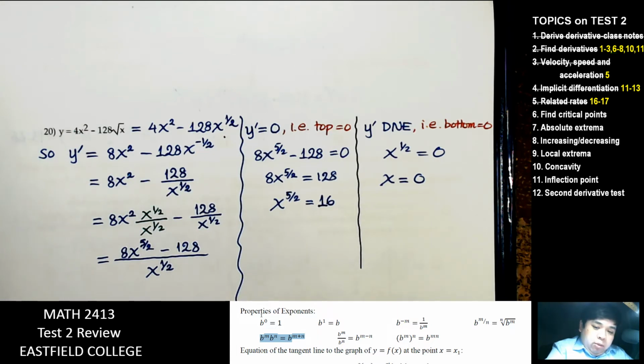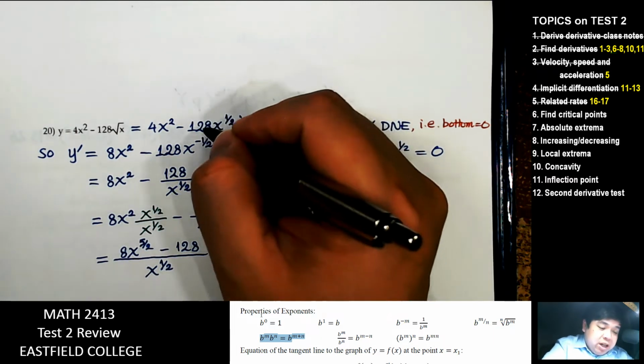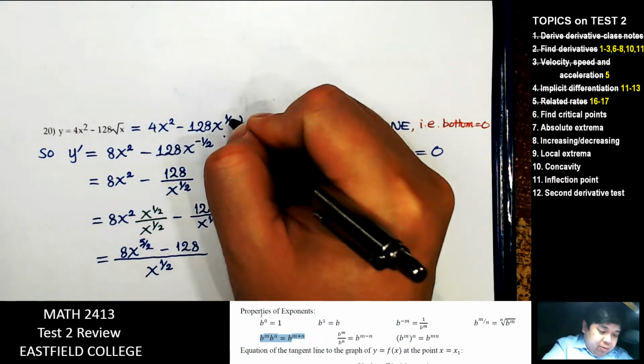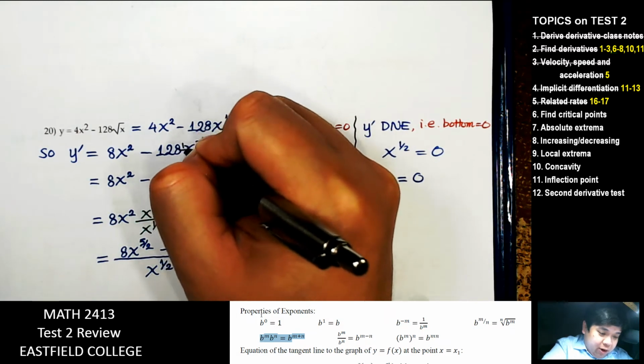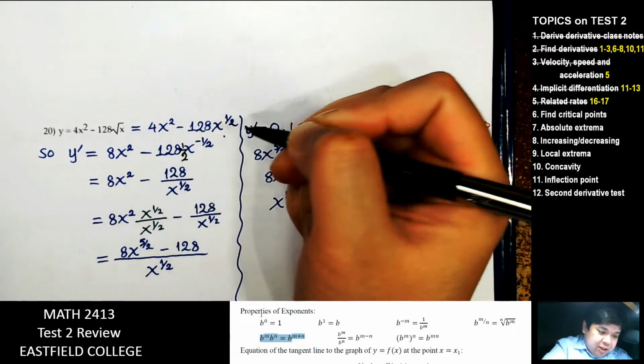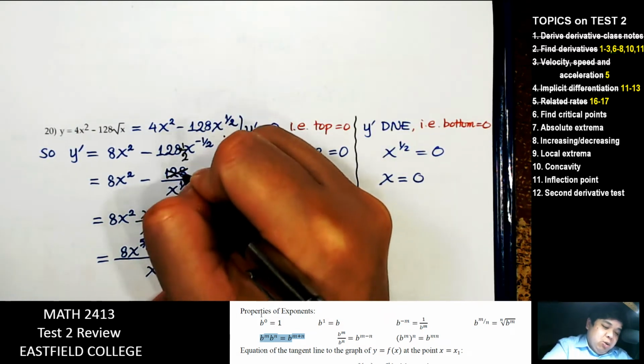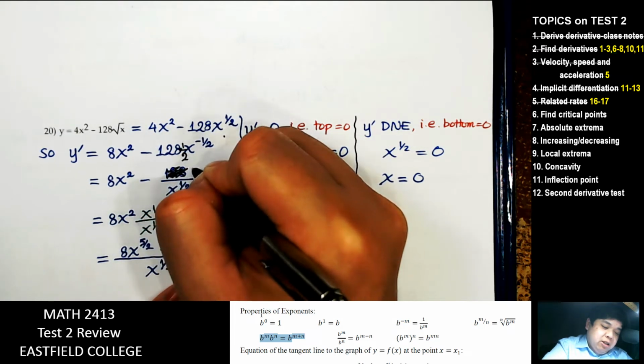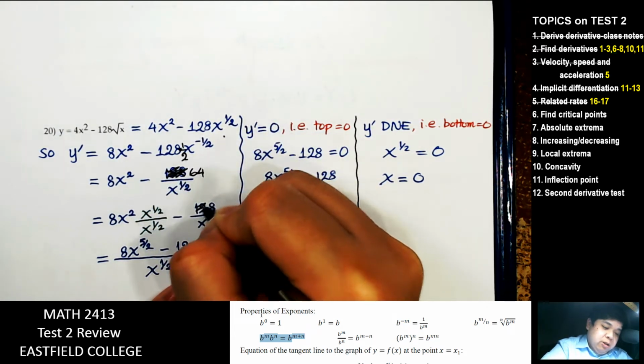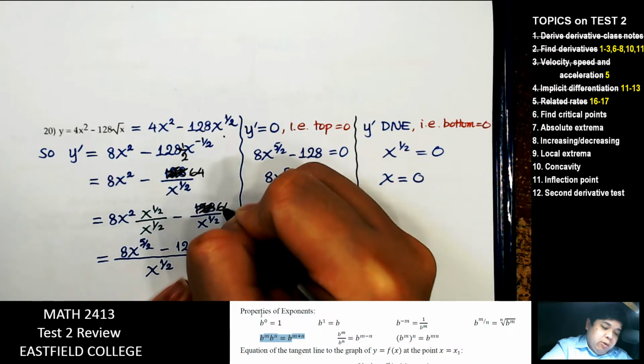I forgot one important thing. Now when we take the derivative here, the 1/2 goes down, and I forgot that. So that is not 128, but rather 64.